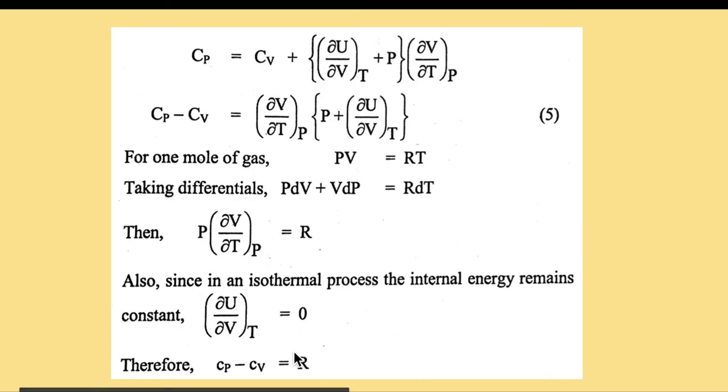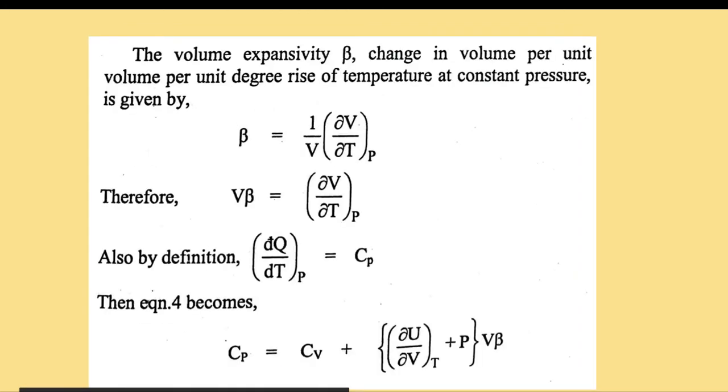U is a function of temperature alone, as we have mentioned. So at a constant temperature, there is no variation for U. So du equals 0. Therefore, du by dV at a constant temperature is equal to 0. Therefore, you are getting the expression Cp minus Cv equal to R. This equation is generally known to you, and it is known as Mayer's relation.